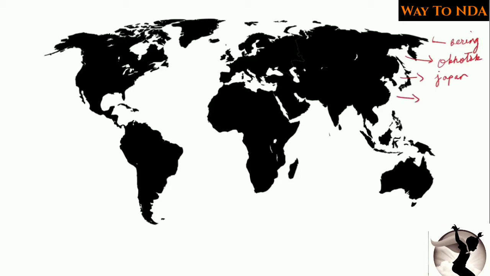And here you will find the East China Sea, and this one is the very famous and controversial South China Sea. This is the Philippine Sea. And here this is the Bay of Bengal. This is the Arabian Sea.